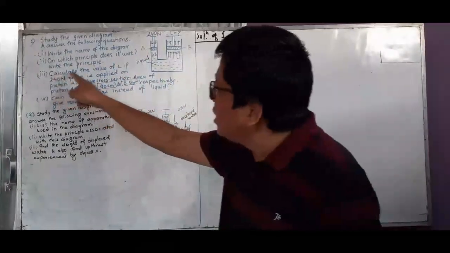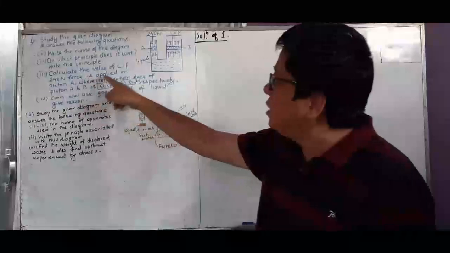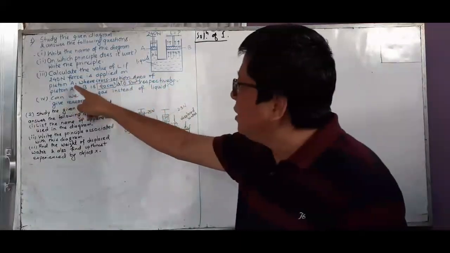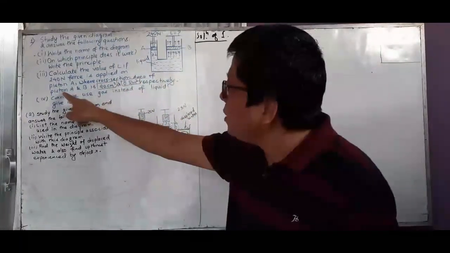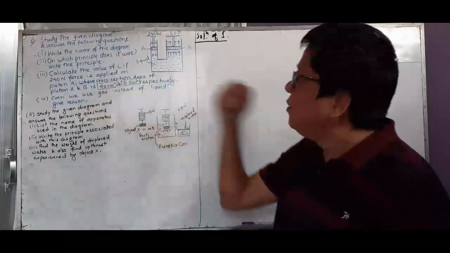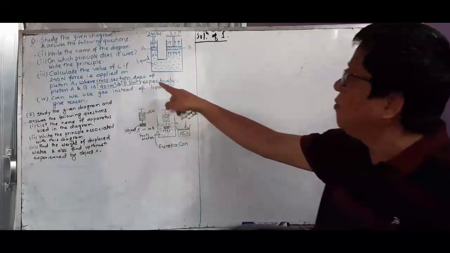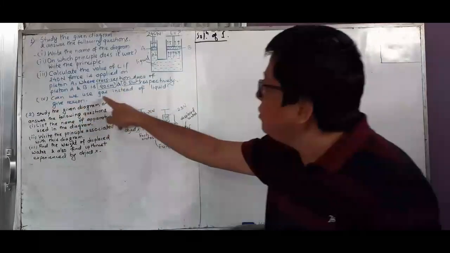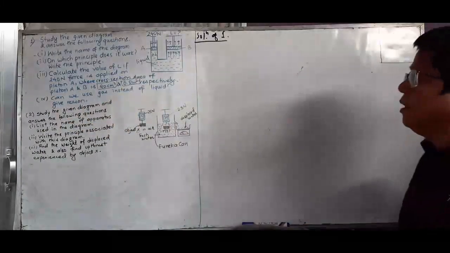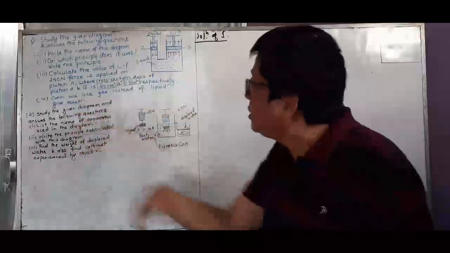And third, calculate the value of L if 240 Newton force is applied on piston A, where cross-section area of piston A and B is 40 cm square and 0.8 meter square respectively. And fourth, can we use gas instead of liquid? Give reason.